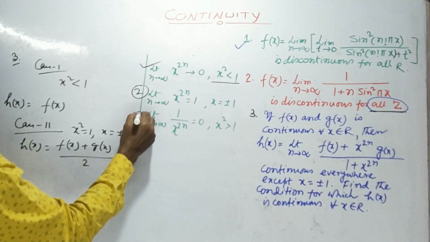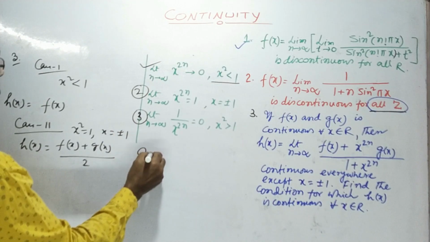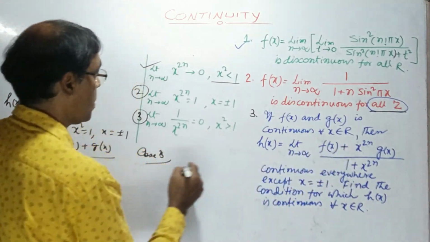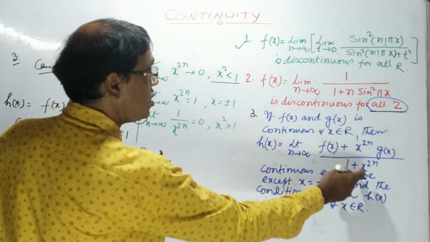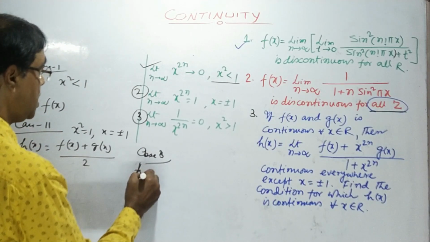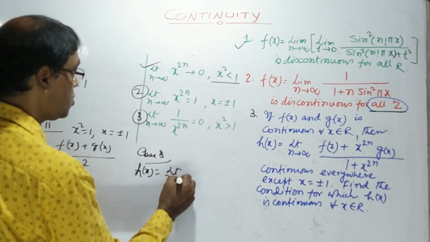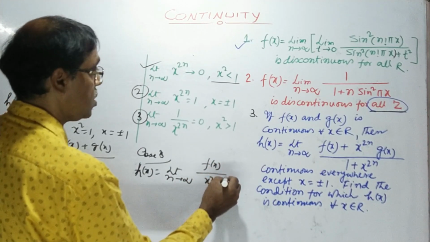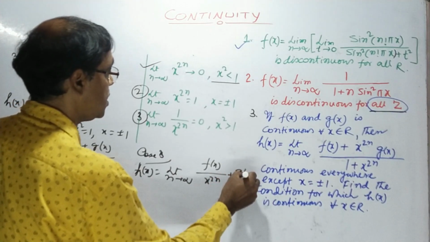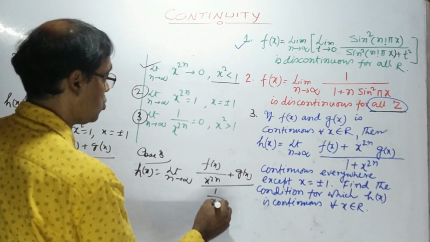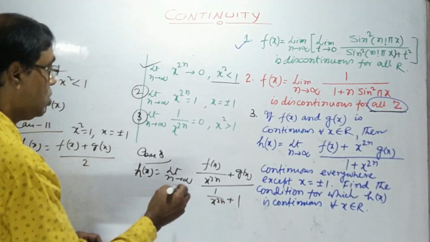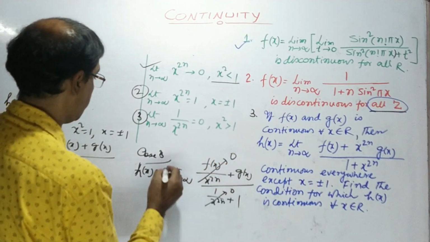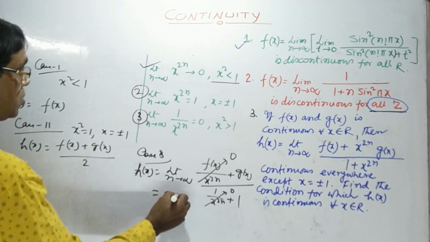Now for the third case, case 3, we divide x to the power 2n in the numerator and denominator. h(x) equals limit n tends to infinity of (f(x) by x to the power 2n plus g(x)) divided by (1 by x to the power 2n plus 1). So this is equal to 0 and this is equal to 0. Therefore in the third case h(x) equals g(x).